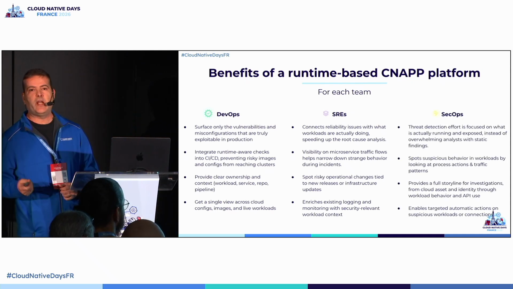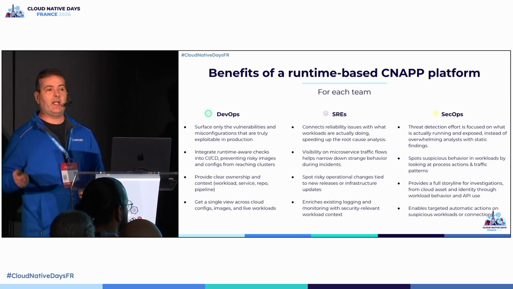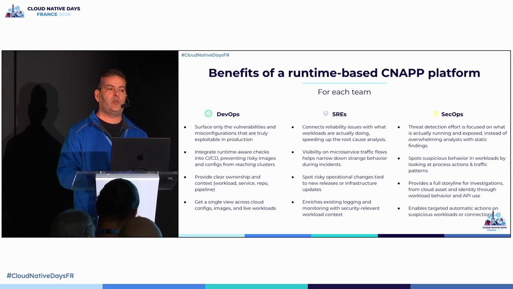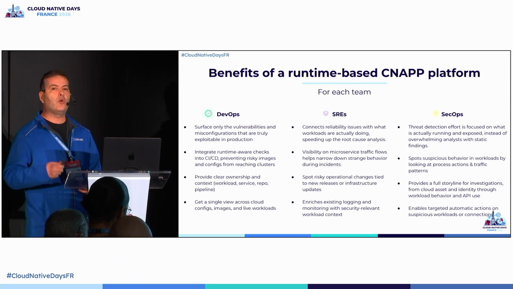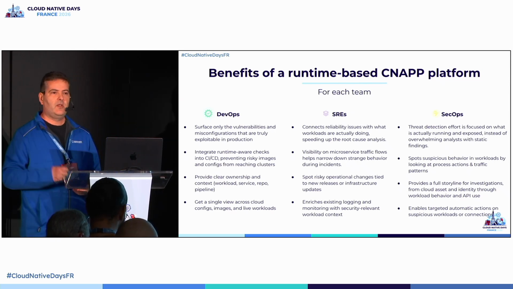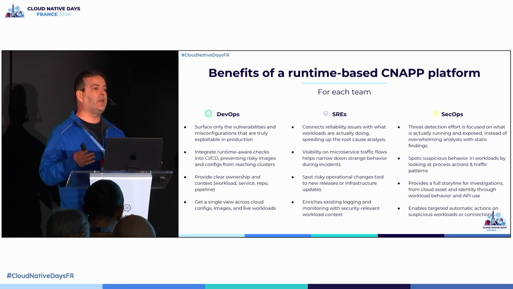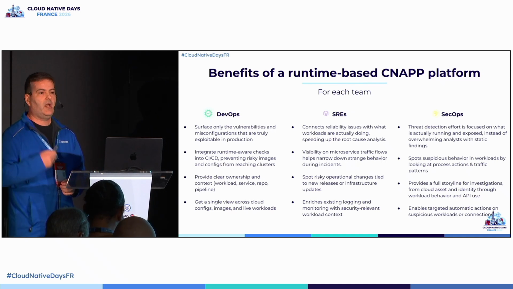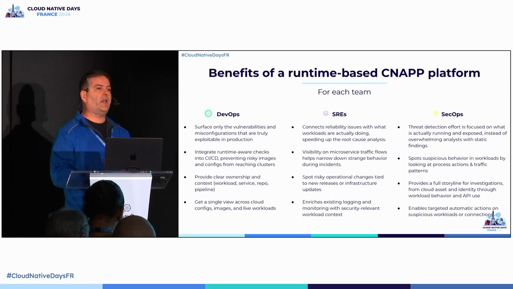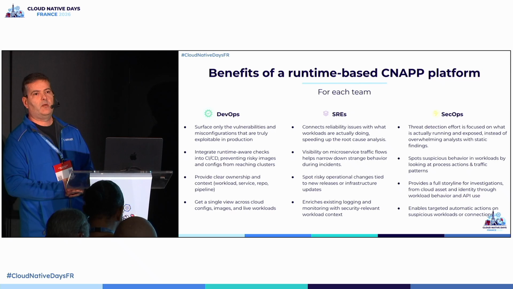SecOps, so security analysts, what do they care about? Mean time to detect and mean time to respond. So how quickly can I identify something that is truly suspicious in my environment, and how can I quickly contain that? So having fast detection with meaningful context, with suggestions on what exactly is going wrong, and nice visualization to understand what the interconnected components are, would greatly help them decide that this is something that I can surgically isolate or kill and not impact my existing workloads.